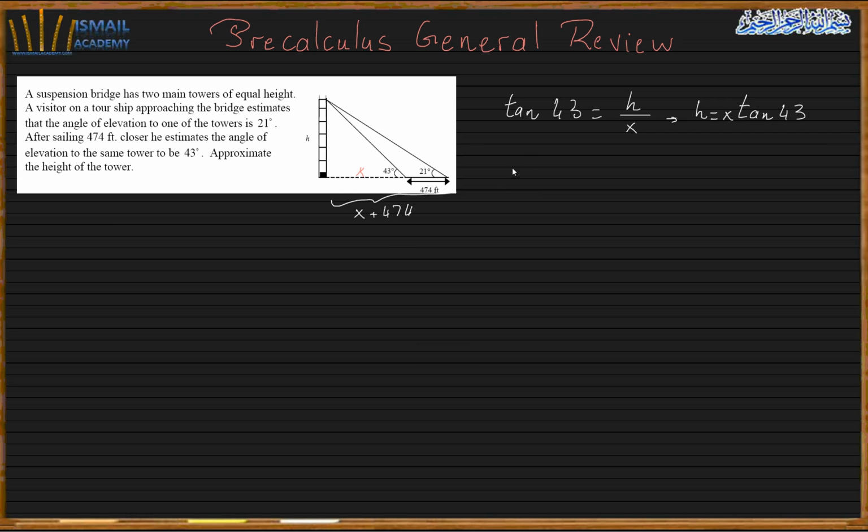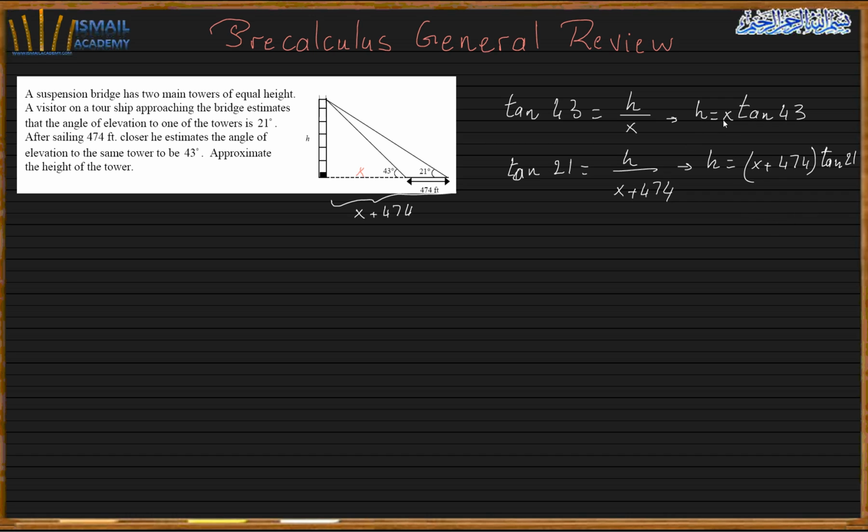So I have tangent of 21 equal to the opposite over the adjacent, which is x plus 474, which means h will be (x plus 474) times tangent 21.